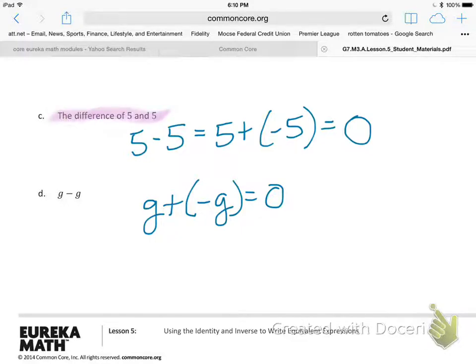I'm not exactly sure what they expected you to do with this, but the difference of 5 and 5 is 5 minus 5, or two ways to do it: 5 plus a negative 5, which are both equal to 0, of course. And then G minus G, again it's the same thing with letters, with variables. You take the G away from the G, or it's the same as G plus a negative G, which equals 0 as well.